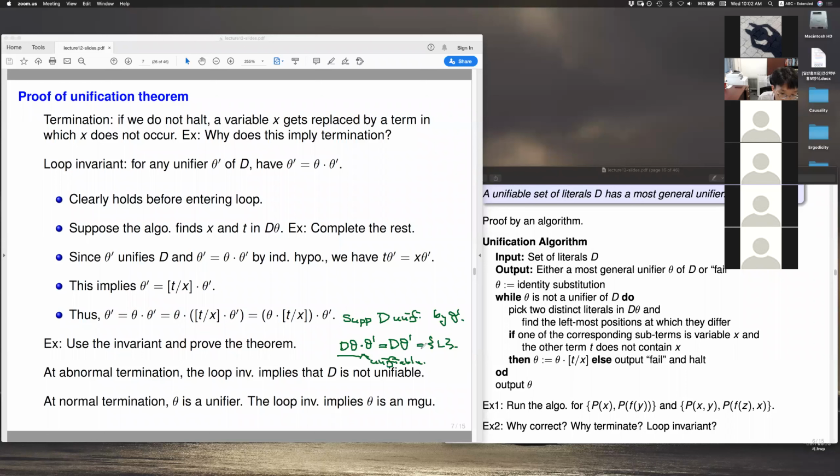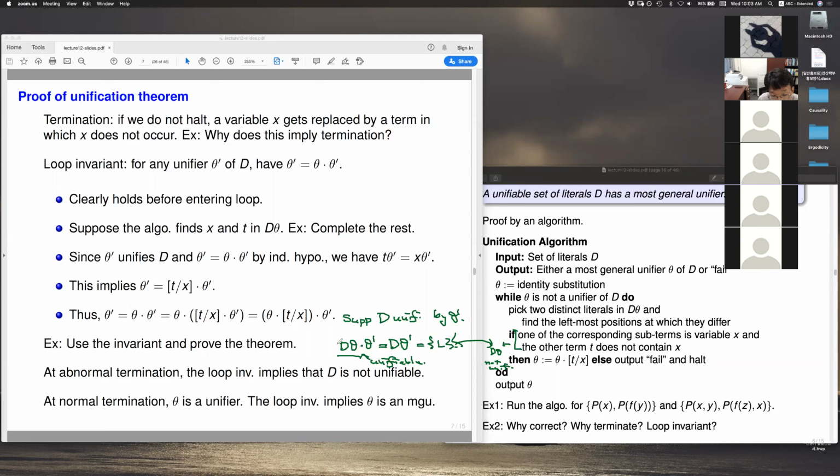But that cannot happen, because after applying theta, we have two terms which will never be unifiable, because either they start with two different function symbols, or one is a variable x and the other is a term t which contains variable x. So the violation of this condition means that D theta is not unifiable. So these two contradict each other.